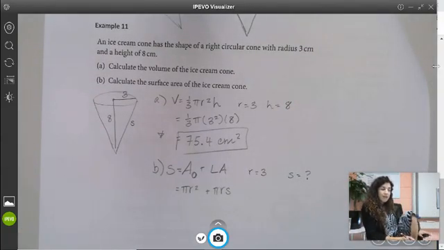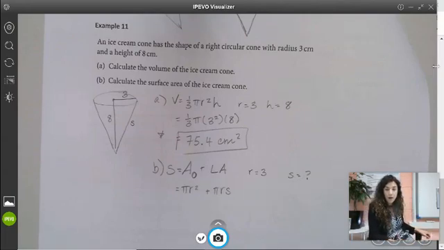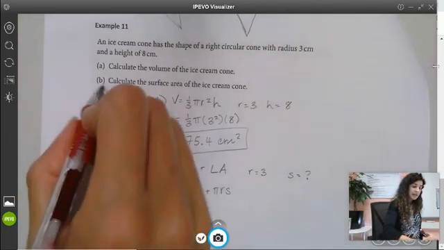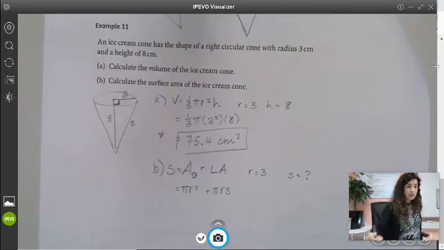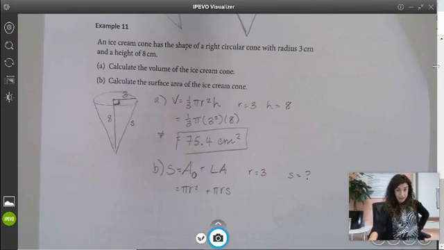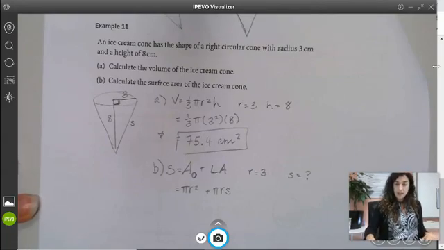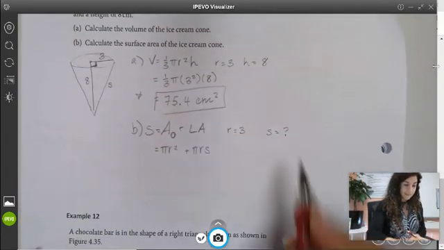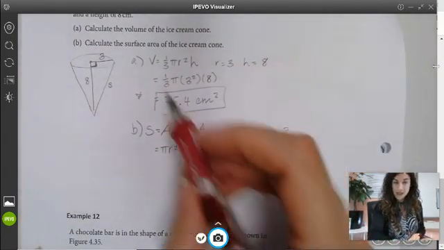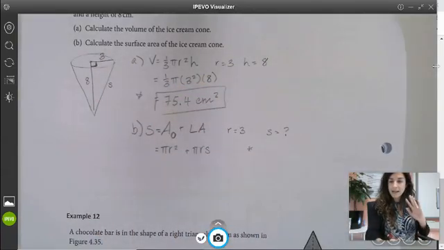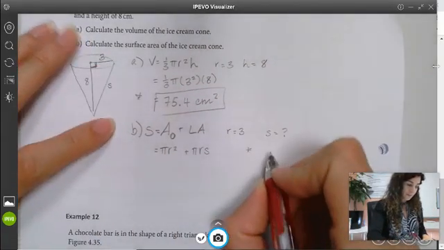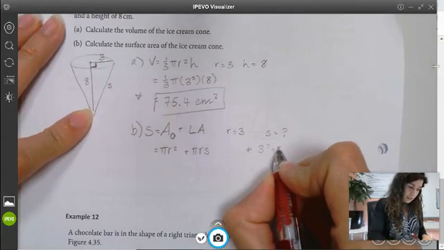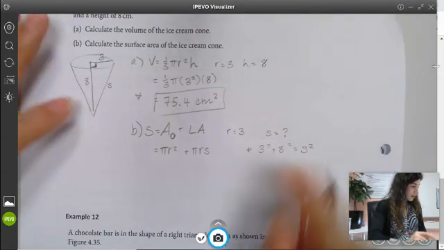This is where right triangle trigonometry really comes into play a lot with our three-dimensional geometry. So hopefully you'll realize that the radius and the height here have a relationship of a 90-degree angle, which means we have a right triangle. In order to solve for the missing length of the right triangle, we just need to do the Pythagorean theorem. We're only talking about side lengths. 3 squared plus 8 squared equals s squared.